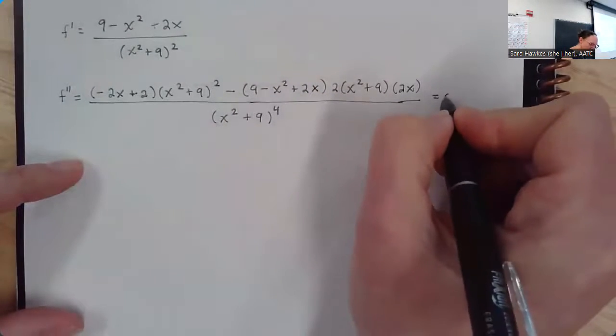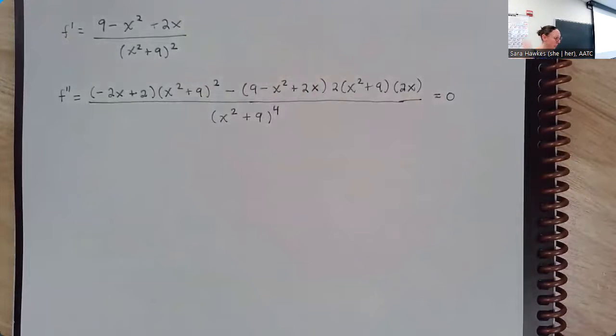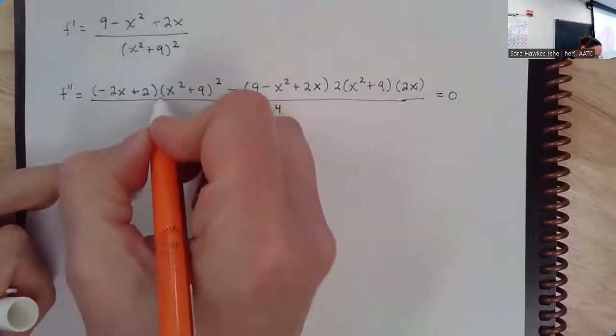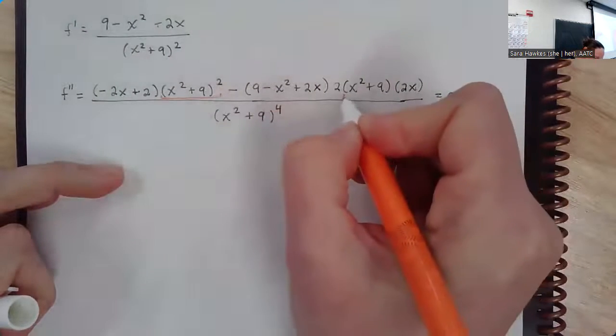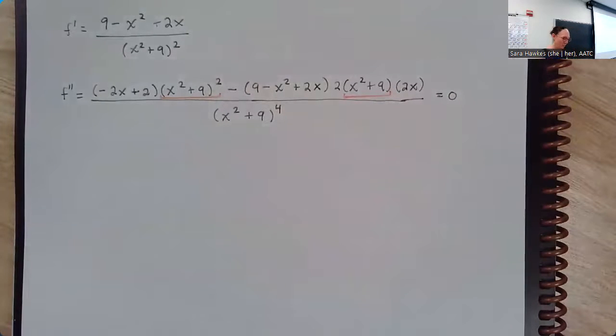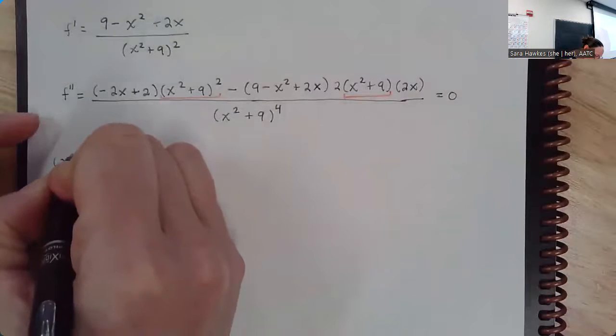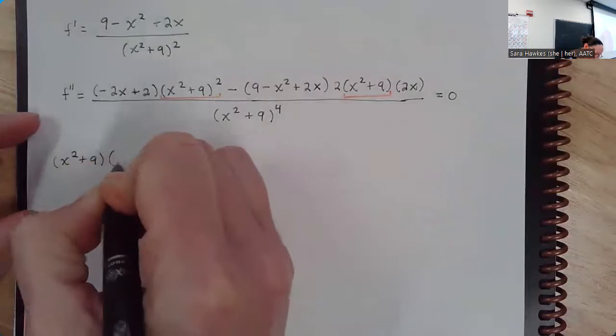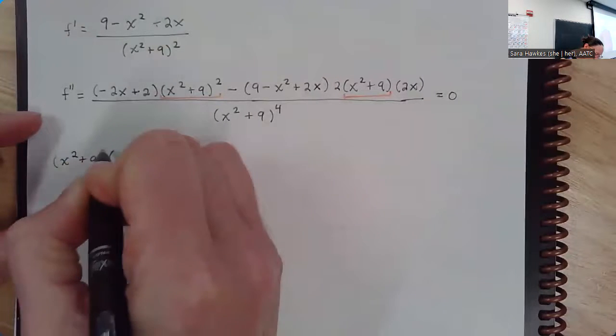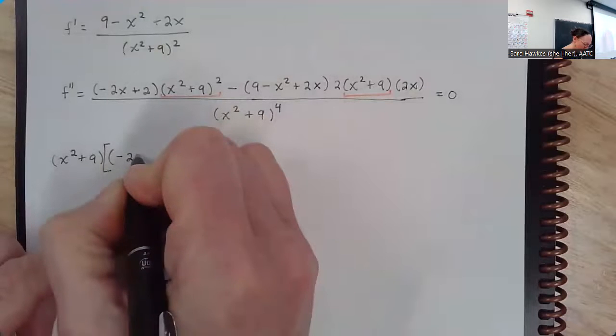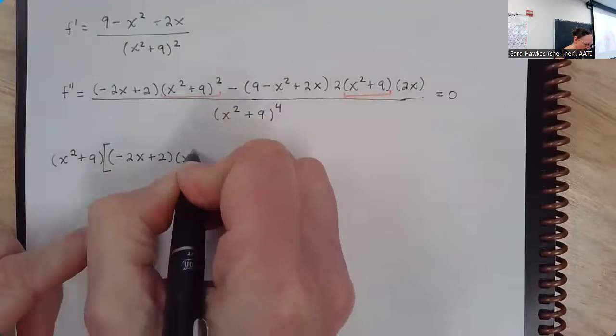So if I set this equal to 0, I am not multiplying everything out. I am looking for anything at all that I might be able to factor before I try to multiply stuff out. So this and this tell me I can at least factor out an x squared plus 9. If I factor out an x squared plus 9, I would be left with from the first piece, negative 2x plus 2 times x squared plus 9.